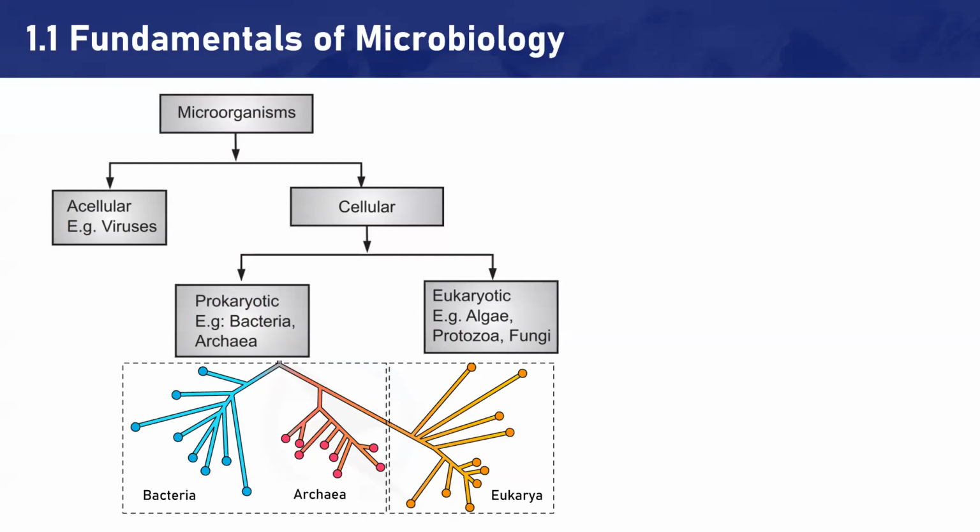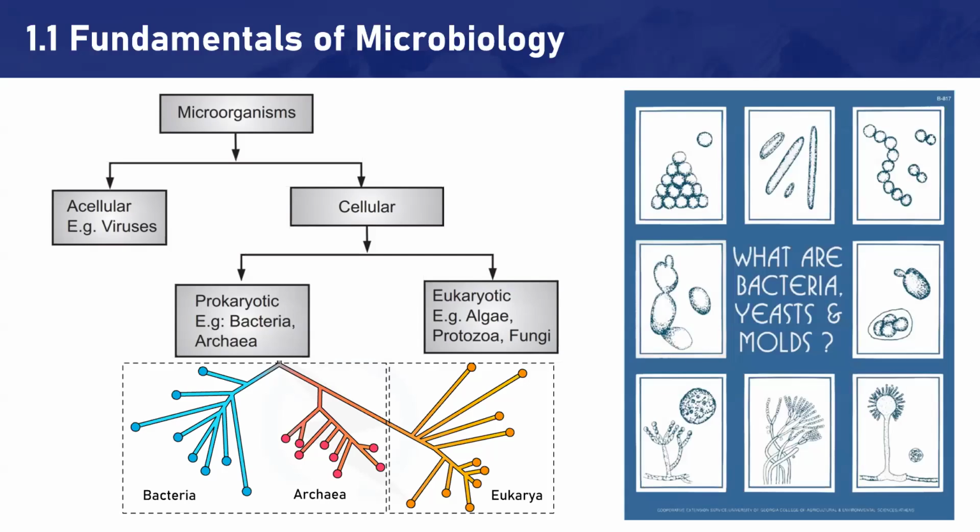The second group is cellular microorganisms, which we can divide into prokaryotic and eukaryotic. For the prokaryotic, we have bacteria and archaea. For the eukaryotic, we have algae, protozoa, and fungi.